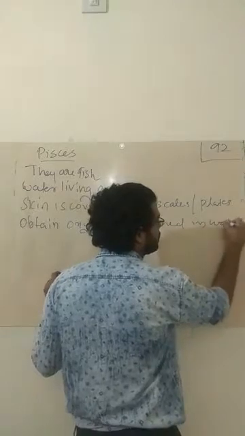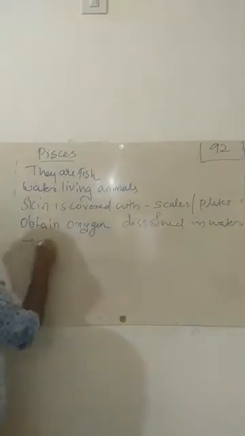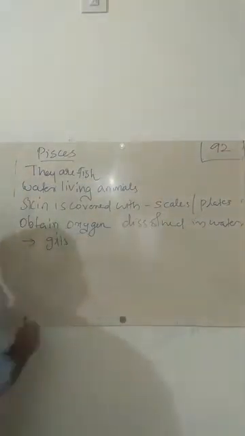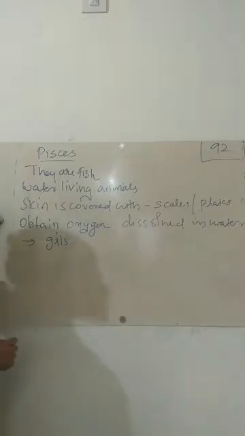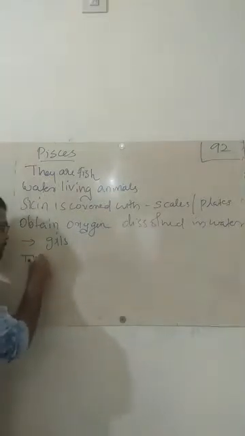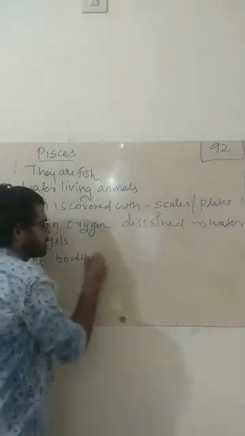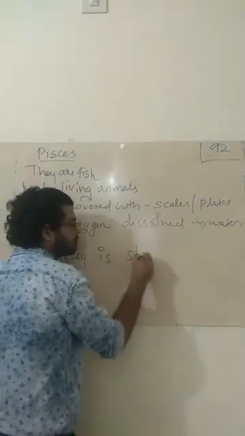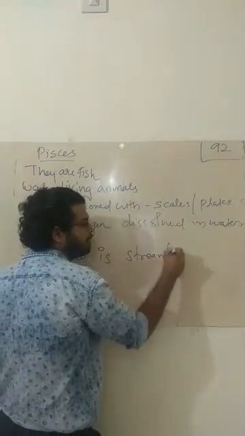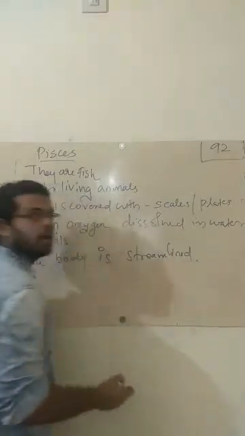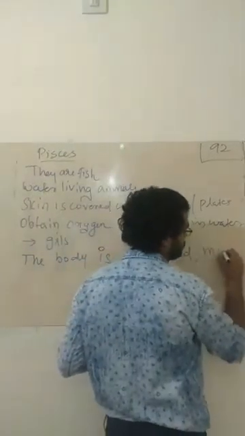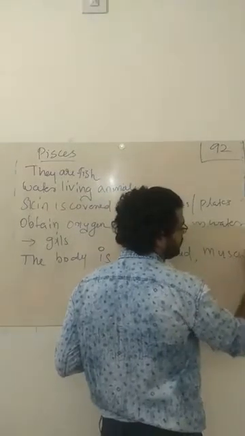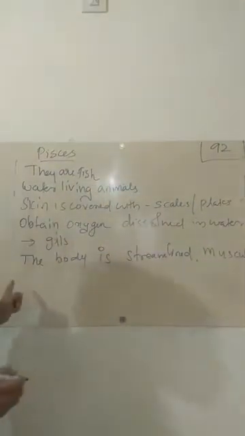For that there is a specialized structure which is known as the gills. They have gills, and the body is streamlined, and a muscular tail is present for the movement.